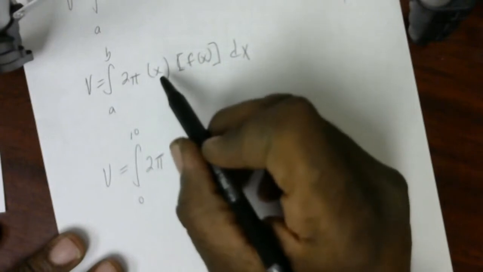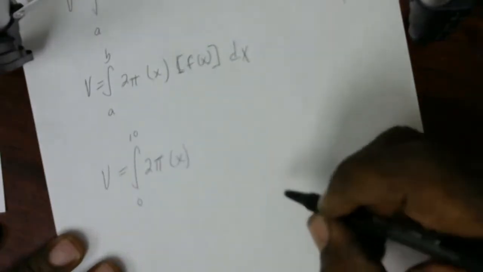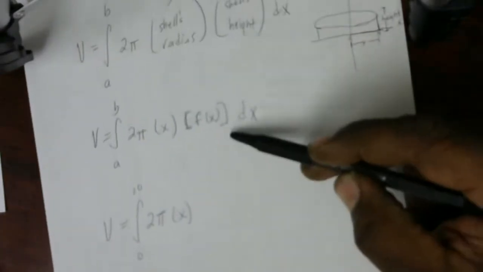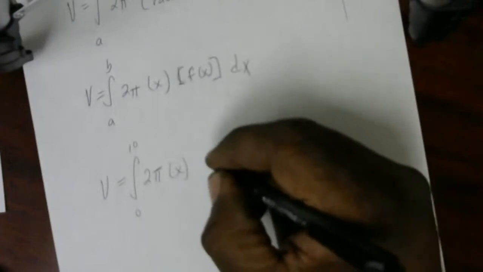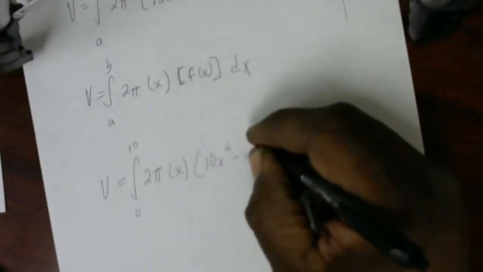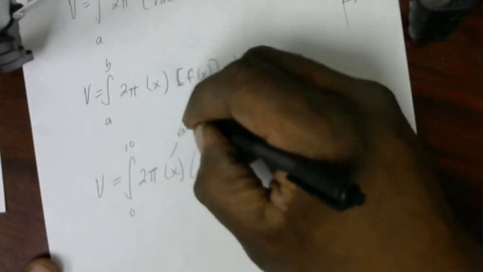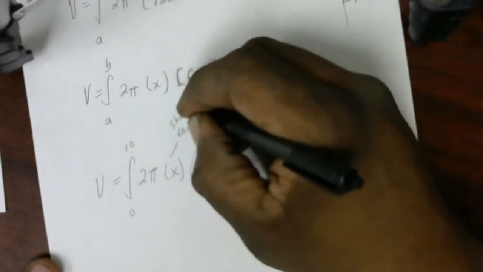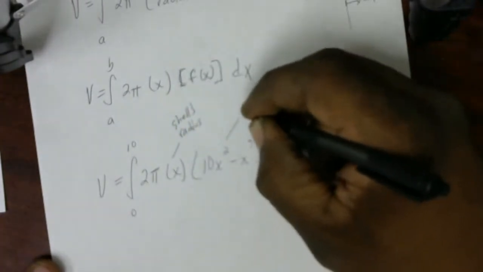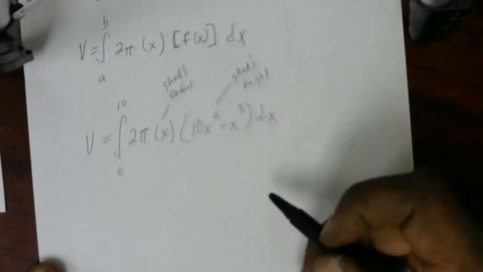So remember that this is the shell's radius times the shell's height, which is the function. And our function was 10x squared minus x cubed dx. All right, so this was the radius, and this was the shell's height. Okay. So now we'll integrate it.